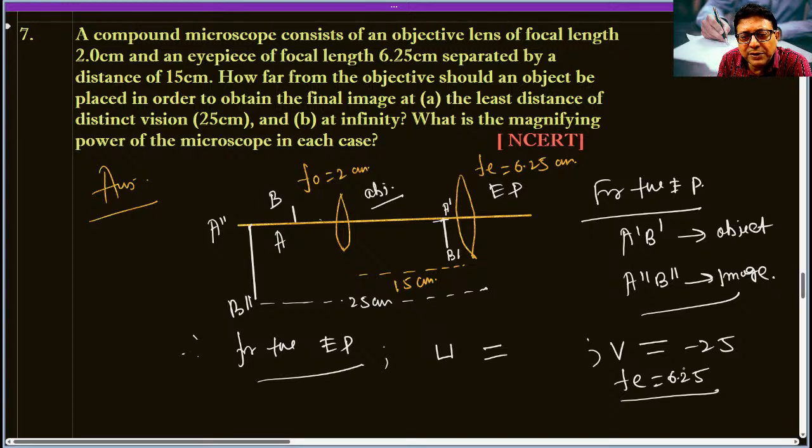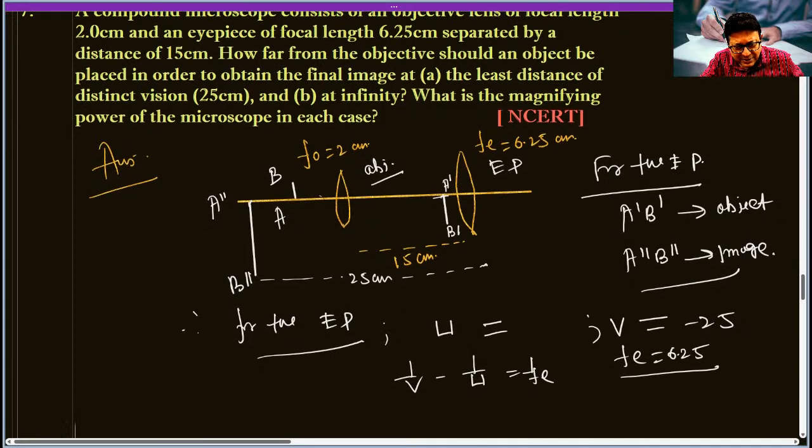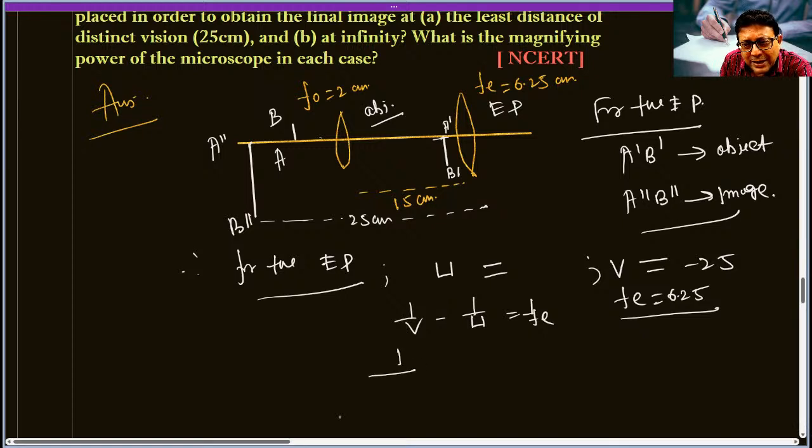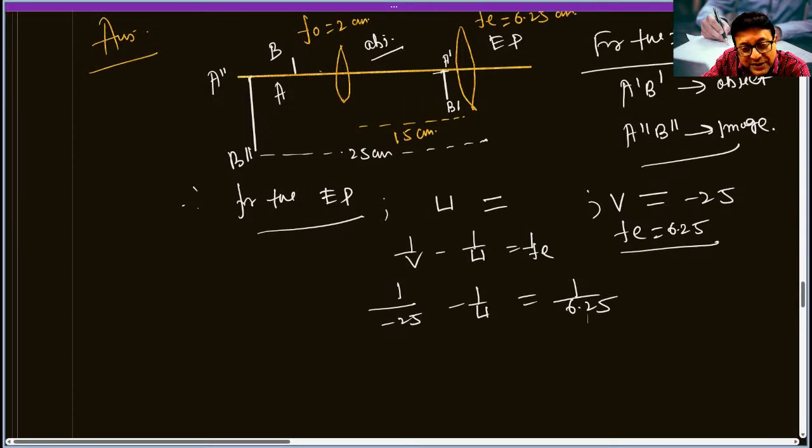Now 1 by V minus 1 by U equals 1 by F. This U we have to find, isn't it? 1 by U equal to 1 by V minus 1 by F. This F is positive, this V is negative.